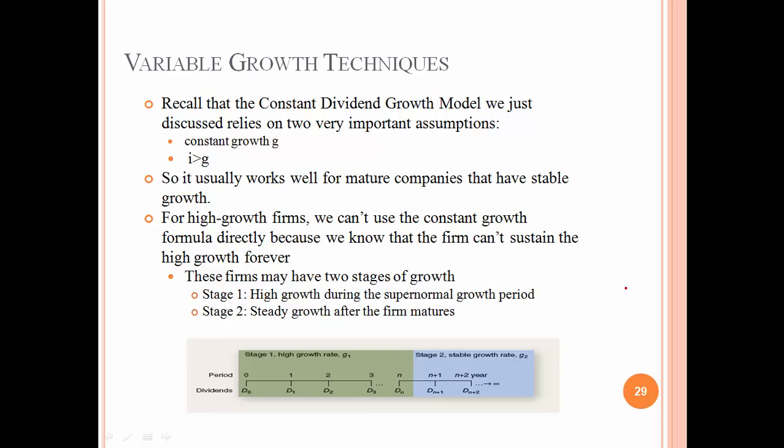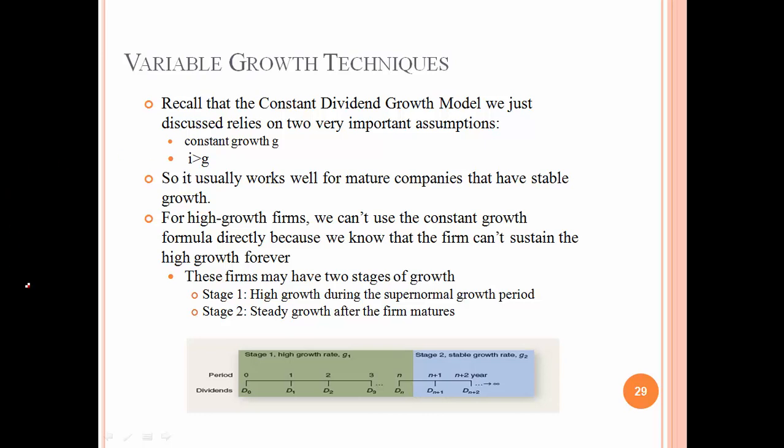So if we think about, for example, high-tech or biotech kind of companies, so far they demonstrate very high growth rates, but if, for example, the technology is not new anymore or the patent expires, then maybe the company will actually experience a slowdown, and then they will have a steady lower growth rate later.